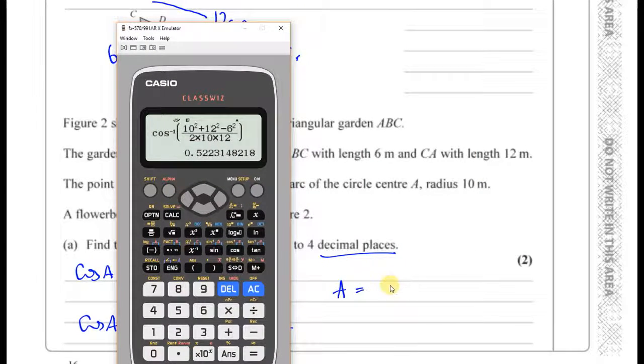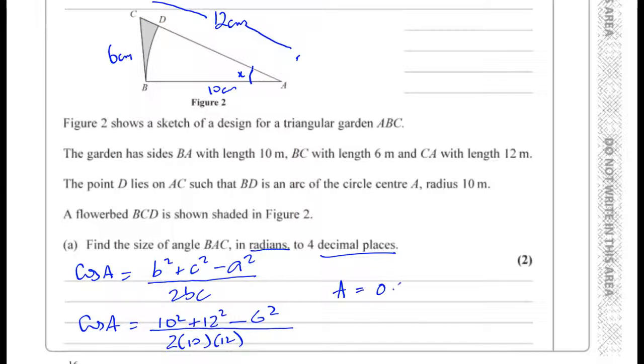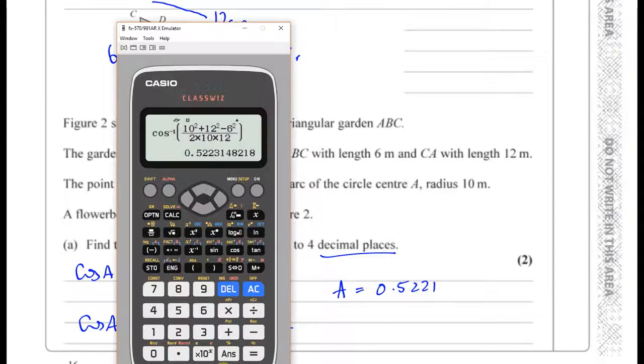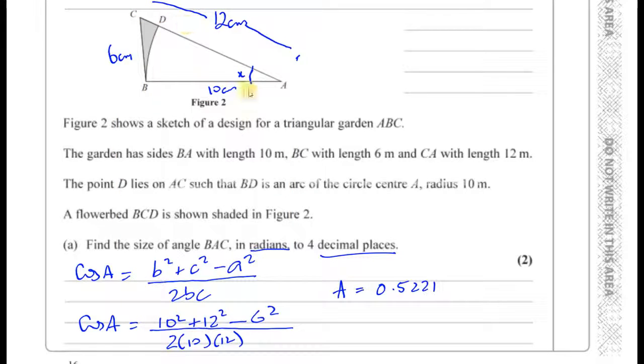Okay, so I get 0.5223, and it continues, 0.5223 14. Now you want it to 4 decimal places, so we're going to stop right there.